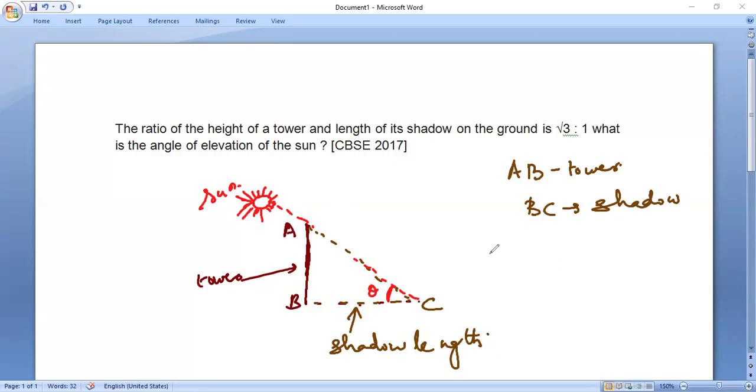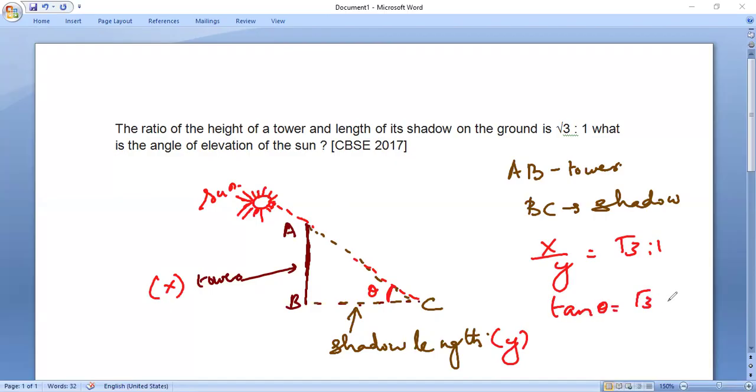So as we know, what is given? The ratio of the height of the tower. We call this X, we call this Y, and that ratio is given as √3:1. Which means √3/1, that ratio. So what we can say, tan θ is equal to √3, since I give X here, √3k by 1k.